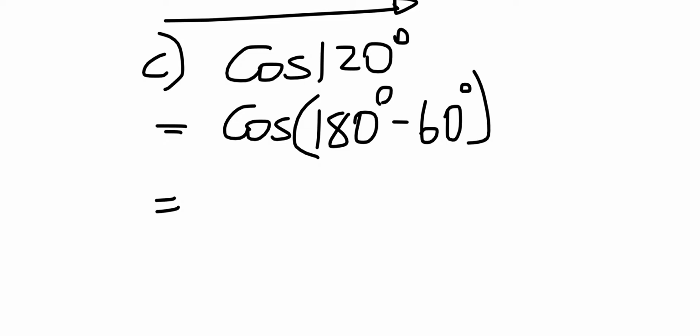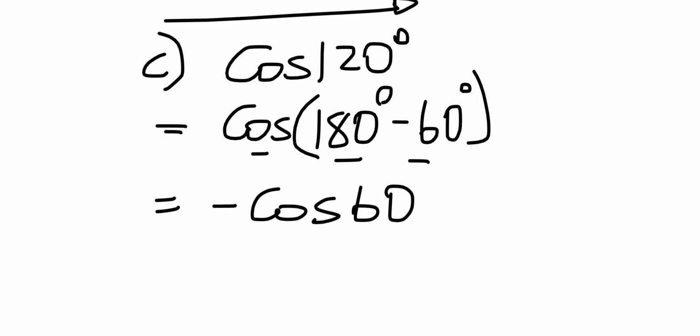Now it's in the second quadrant; is cos positive or negative? It is negative. Therefore, this is the same as negative cos of 60 degrees.